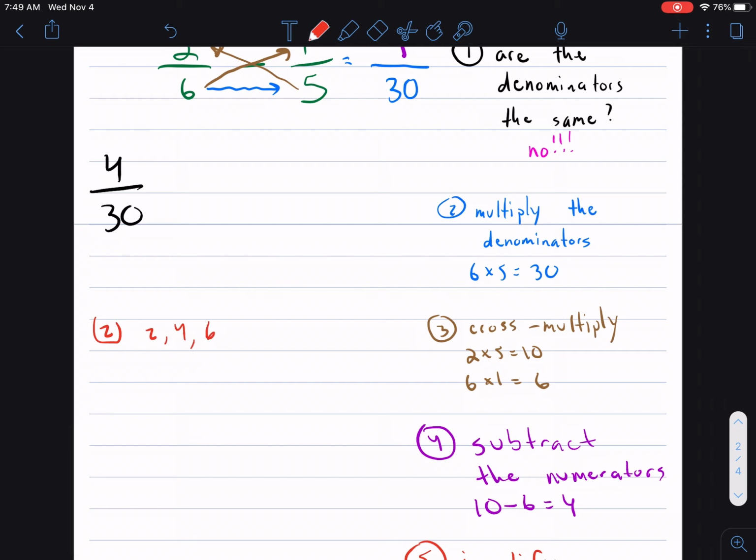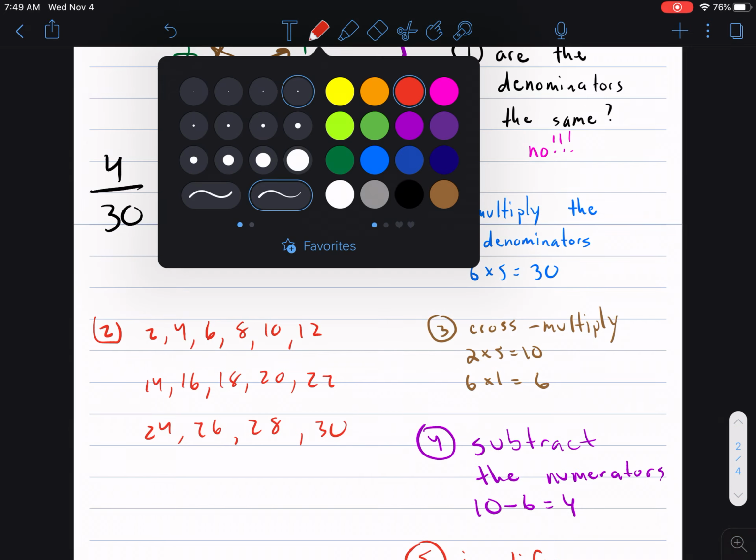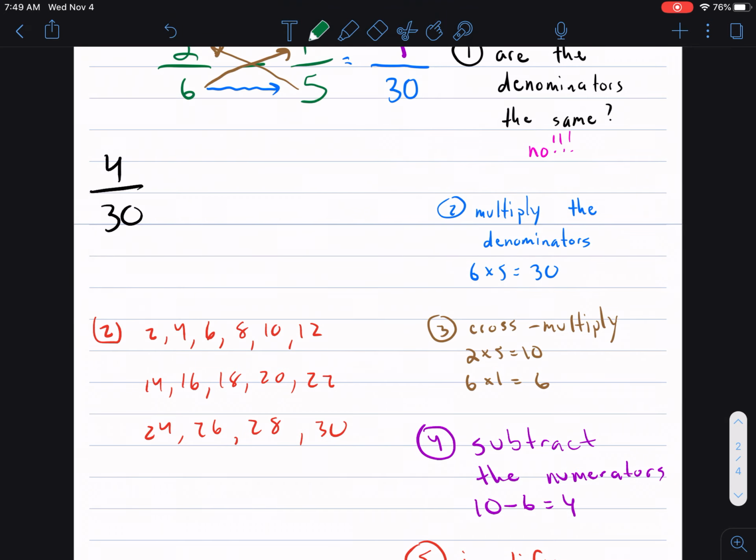2, 4, 6, 8, 10, 12, 14, 16, 18, 20, 22, 24, 26, 28, 30. Now I'm going to count. 1, 2, 3, 4, 5, 6, 7, 8, 9, 10, 11, 12, 13, 14, 15.